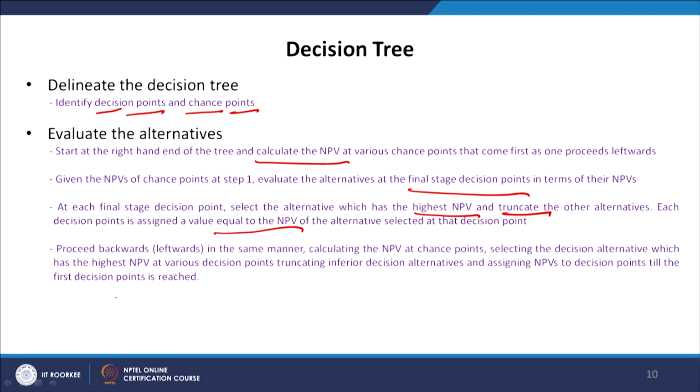Some of the decisions have to be discarded, but the decisions which are taken have to be evaluated on the basis of the chances of success or failure. After that, the decision which gives us the highest NPV has to be identified, and if the NPV is positive here, then certainly we will make the investment.